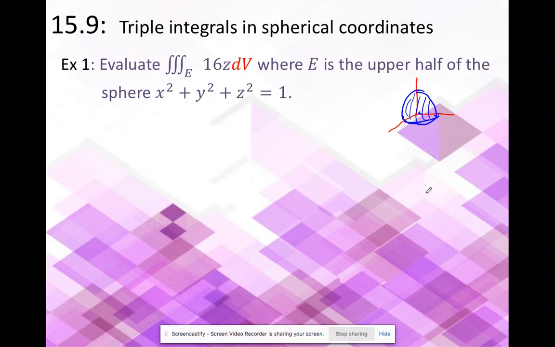Imagine the others, right? Got to go around in the back too, because it is the top half of the hemisphere.